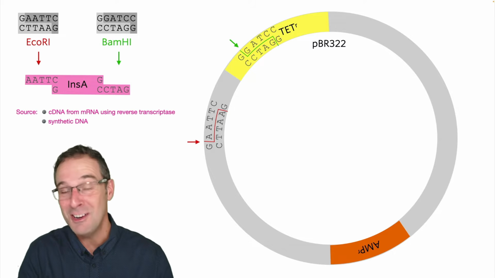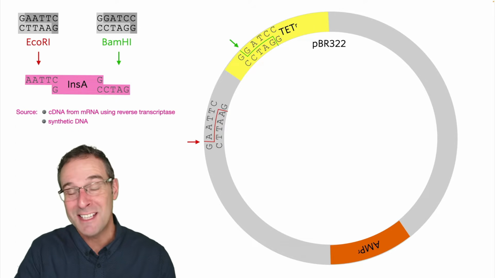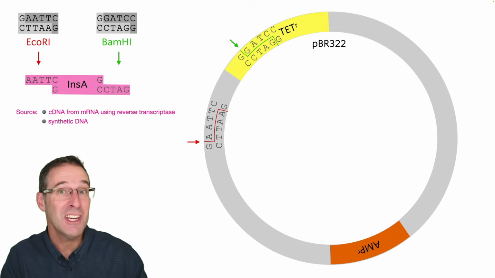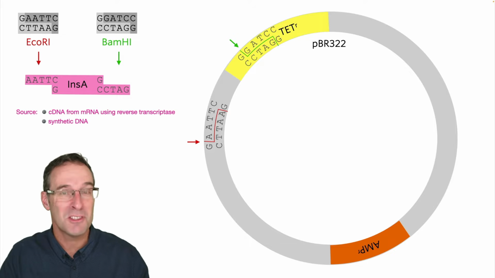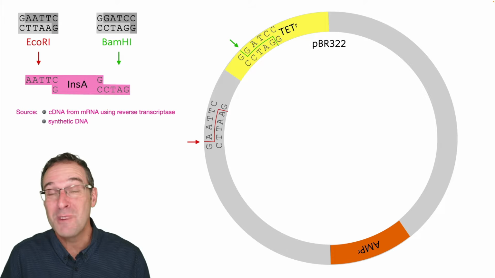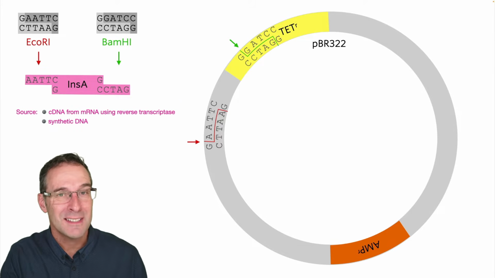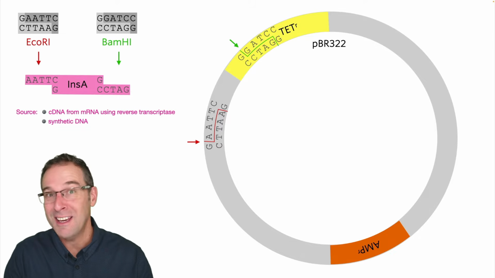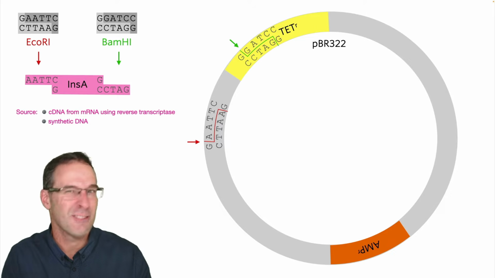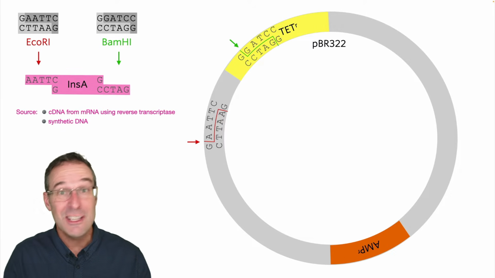They put it together nucleotide by nucleotide to encode the same amino acid sequence. Now, as it turns out, the sequence of bases in the gene that they made is completely different to the sequence of bases in the natural human insulin A gene. But that doesn't really matter because as long as it encodes the same amino acids, we end up with the same protein, right? And the idea here is that the genetic code is degenerate or redundant, right? I mean, CUC codes for leucine, but so does CUG and CUA.